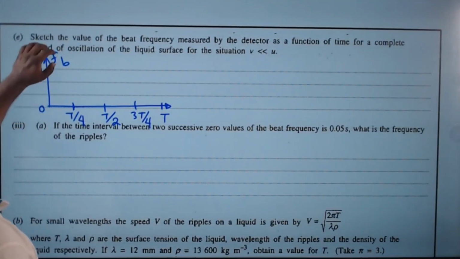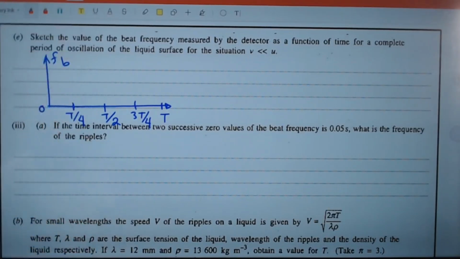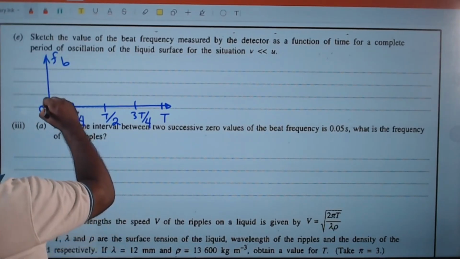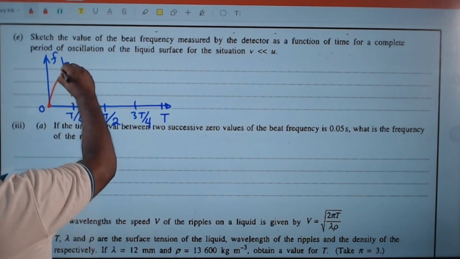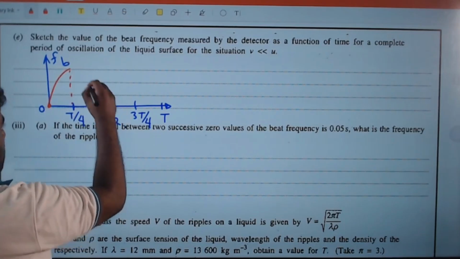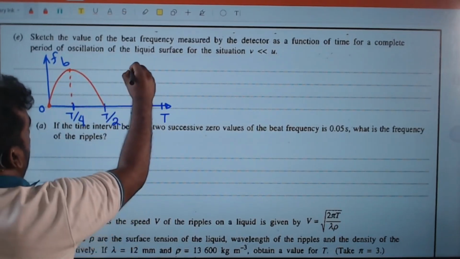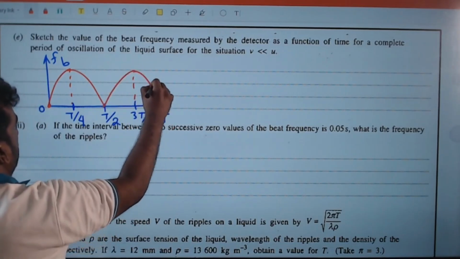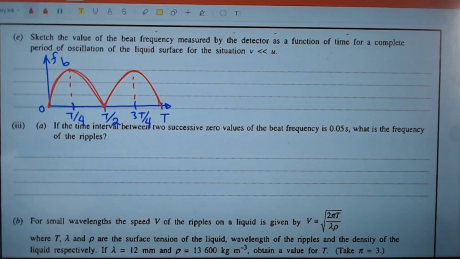The maximum beat is there. So starting from B, the beat is 0. Here it is maximum. Again it comes to 0. Again here maximum. Again it comes to 0. So that's how the beat frequency changes.